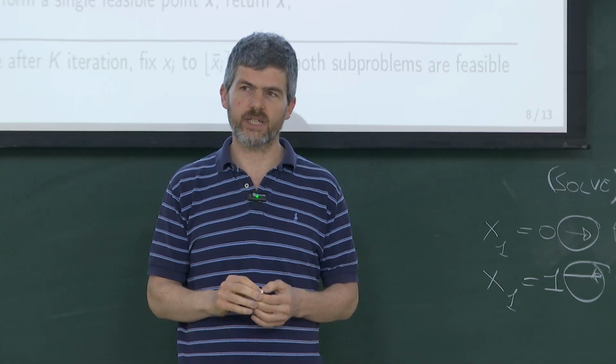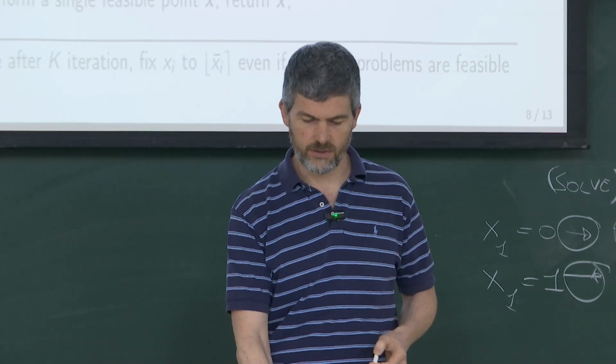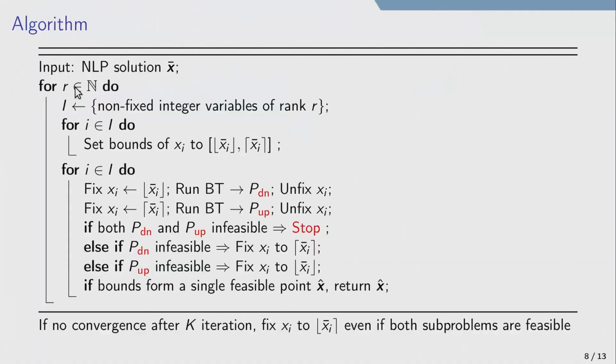It runs a bound reduction on such fixing, and it tries to see what happens to the problem. So you can see here, for every natural number r, let's take the set I of all non-fixed integer variables that have rank r.